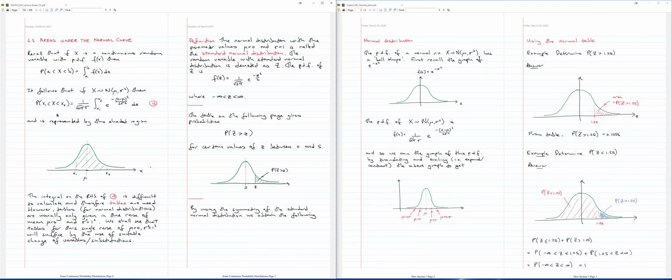Intuitively, this is your PDF over here, the PDF of the normal distribution, which is the exponential times this factor. Getting the probability that you lie between x1 and x2 means integrating between x1 and x2, which gives you this area.